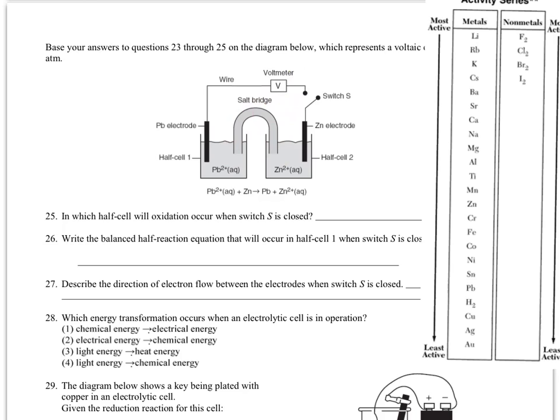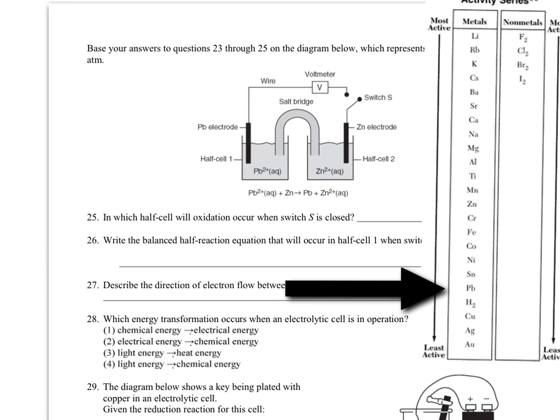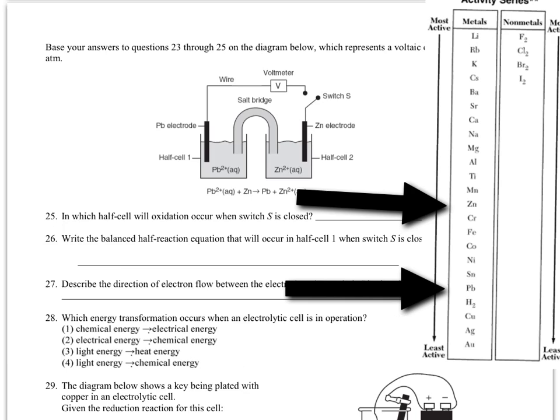Now, what we want to do is compare the relative activity of lead found here with zinc. You notice that zinc is more active than lead according to reference table J. These are both metals, and all metals desire to lose their electrons to obtain stable noble gas electron configurations.